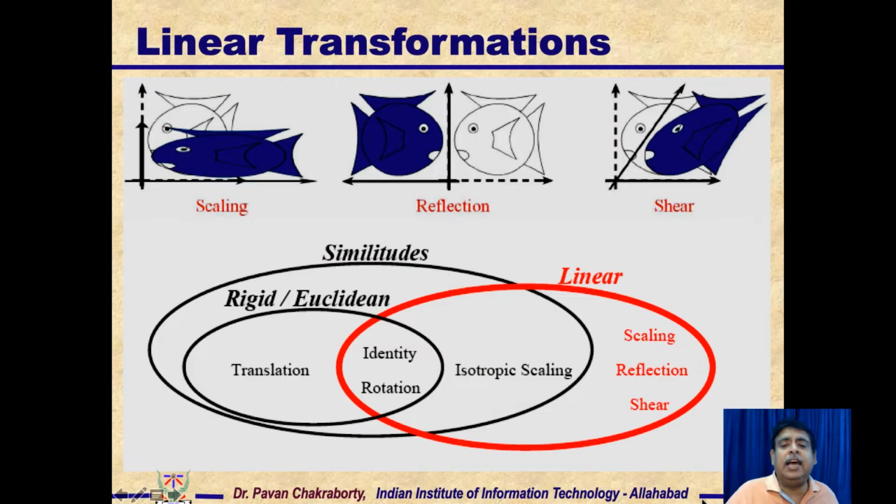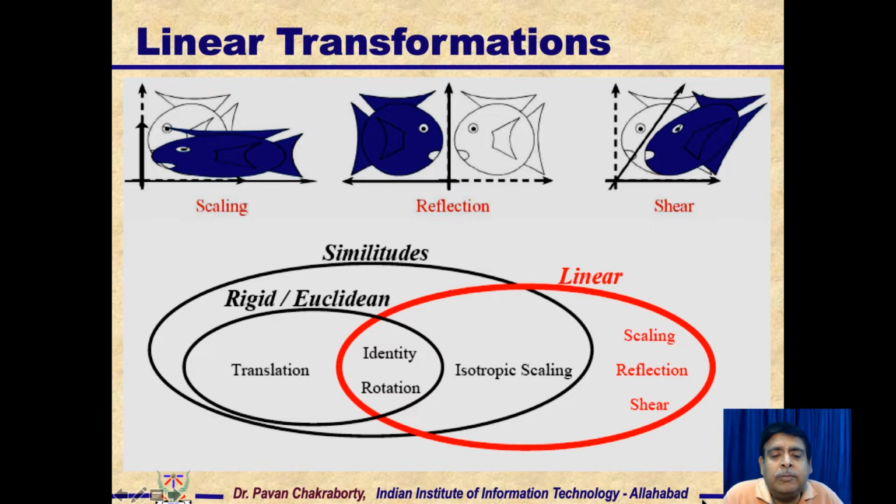Next, I take the other transformations, which I call the linear transformations. I see that identity transformation, rotation transformations, isotropic scaling, as well as anisotropic scaling, reflection, shear, all of these fall under linear transformation.